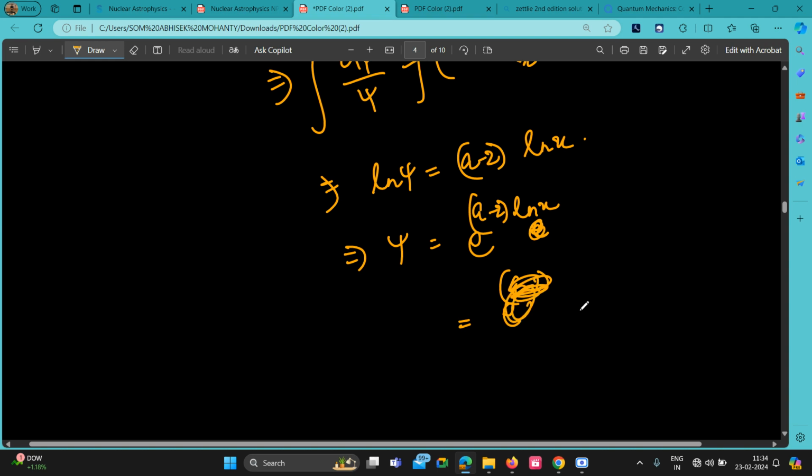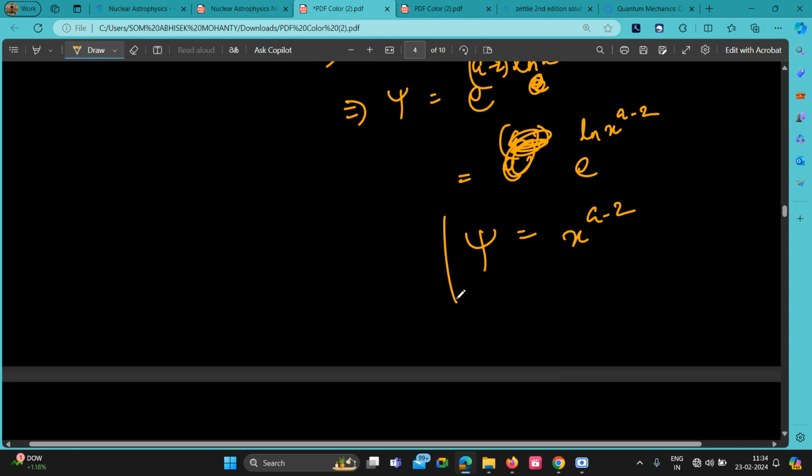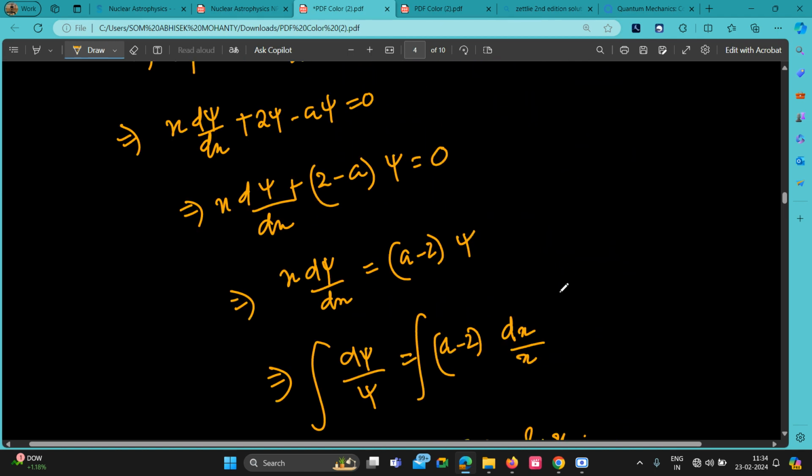I can write it as e to the power ln x to the power a minus 2, so psi is equal to C x to the power a minus 2. This is your psi.